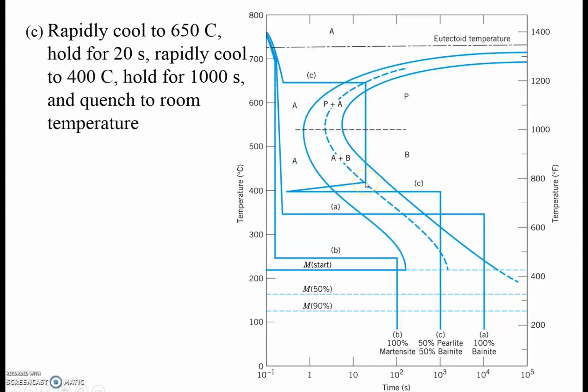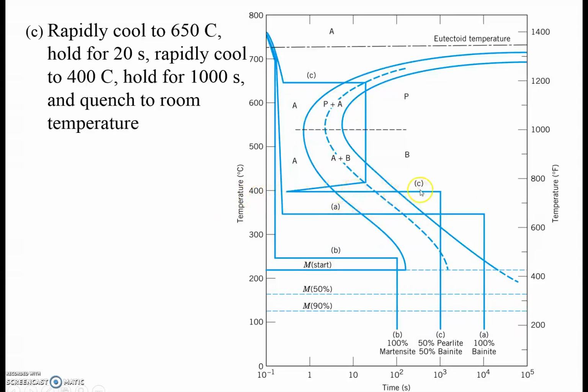Another technique that we can apply is, instead of starting here, since 20 doesn't really compare to 1000, we'll just go back to the beginning and go all the way out to 1000. And recall that we have 25% austenite, 25% bainite, and 50% perlite.